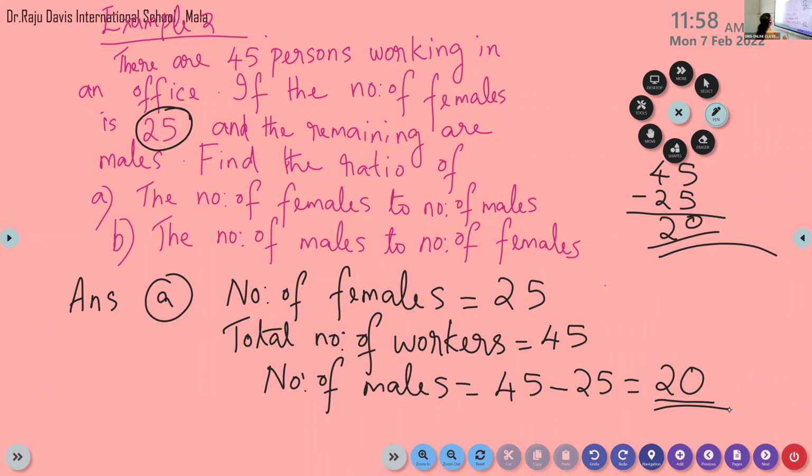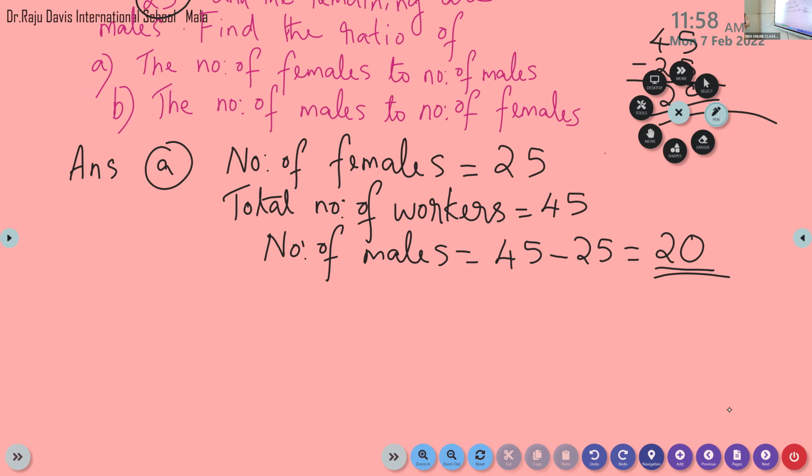Now we can find out the ratio. How to write the step? You remember? Look at the question, children. Number of females to number of males.